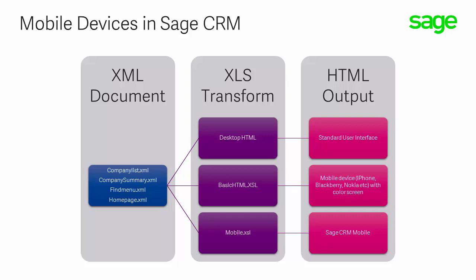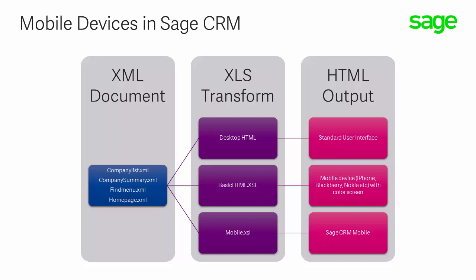So imagine that each screen inside Sage CRM generates a separate XML file. These aren't real files, but we can imagine that when we go onto the list of companies or into the company summary screen, behind that there's an original XML file, which is built on the basis of the underlying data, the view that pulls the data up, plus the structures which determine which data gets added into that screen.